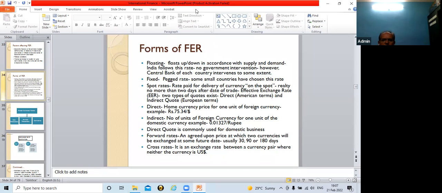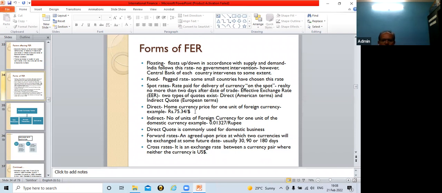Please answer me. How many dollars are here? There is only $1. I told you, in a direct quote the rupee is variable and the foreign currency is constant, either dollar or pound or whatever it is.